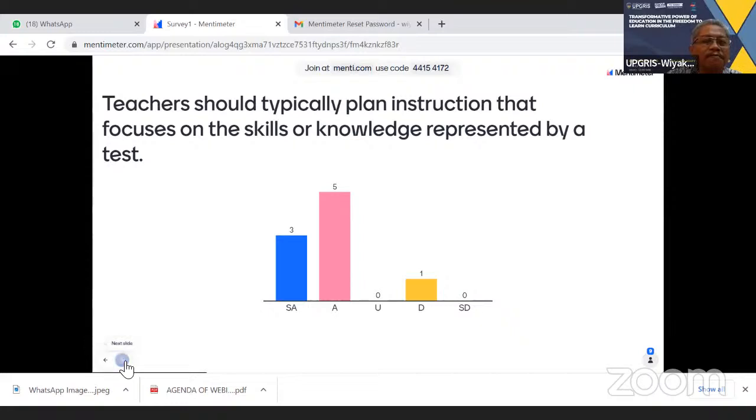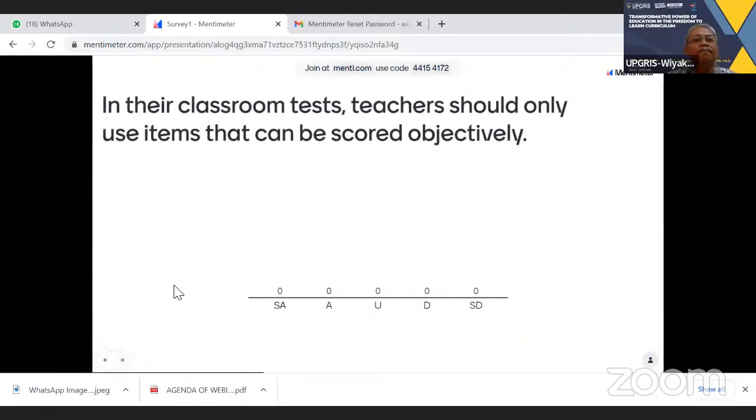Next now, the third: in a classroom test, teachers should only use items that can be scored objectively. In a classroom test, teachers should only use items that can be scored objectively.